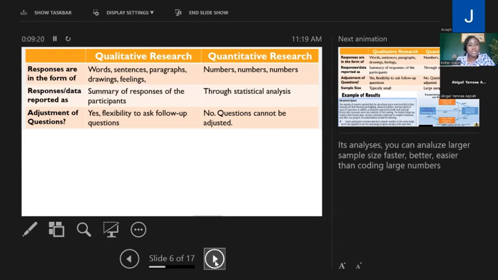Whilst in quantitative research, we do summarize, all right, but using various statistical analytic tools, and the responses are averages, but again, with numerical backing to be able to see the various patterns that are outlined.